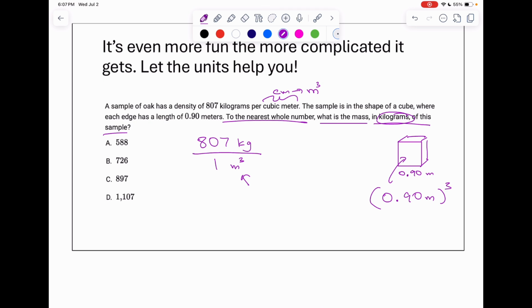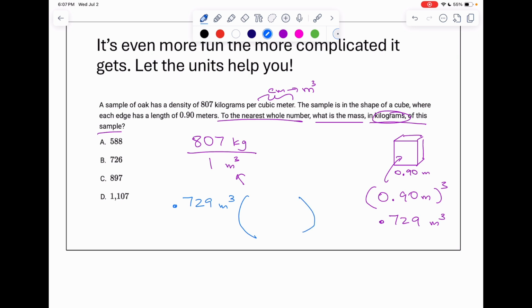So I'm going to take my calculator and take 0.9 and cube it. And I'm going to get 0.729 meters cubed. I can then take that value, 0.729 meters cubed, and multiply that by 807 kilograms over 1 meter cubed. And what's going to happen to my meters cubed now?